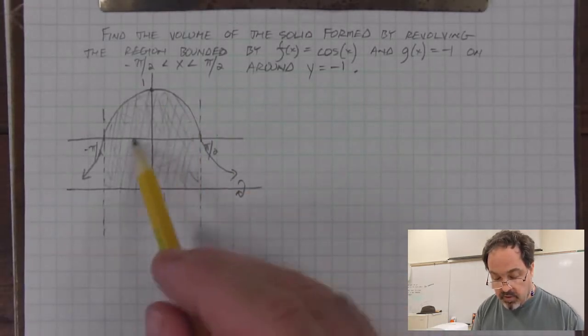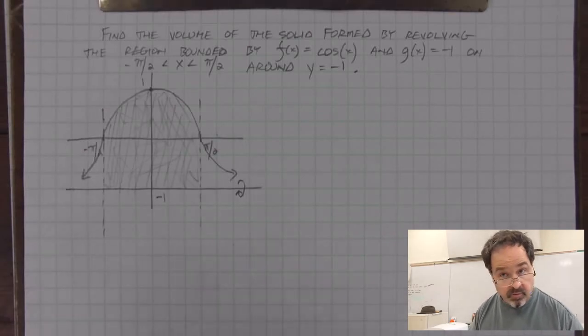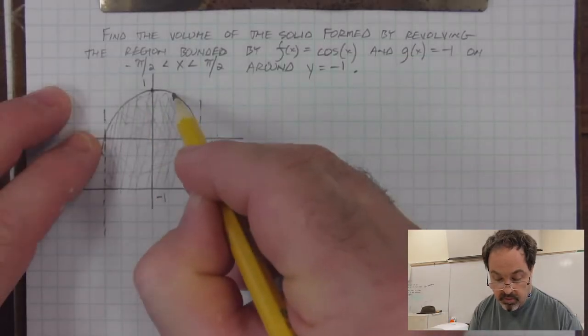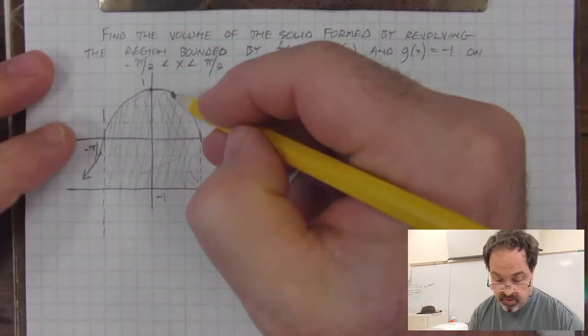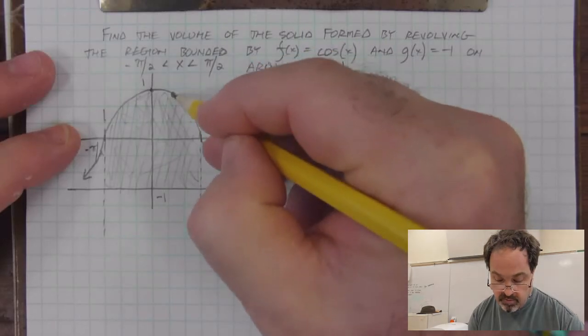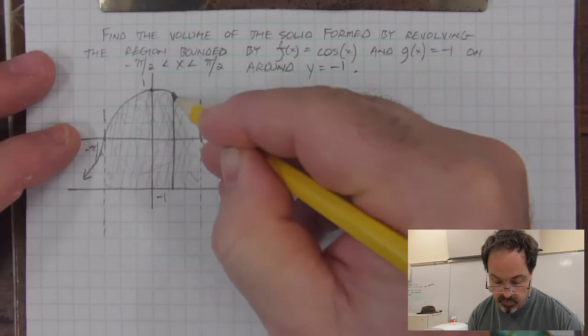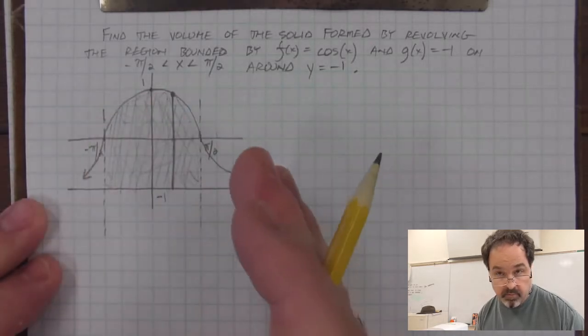Now that I have my region, I'm in the habit of forming the solid that gets created and attempting to draw it on the paper by imagining some point within the bounds along the function. It could be anywhere. This is a representative function value. And the representative slice of the region then is using that function value to find a vertical line within the region that represents any vertical line within my bounds.